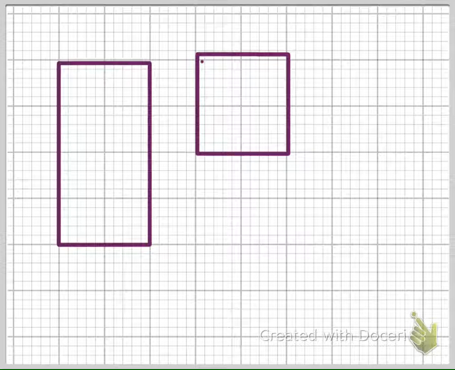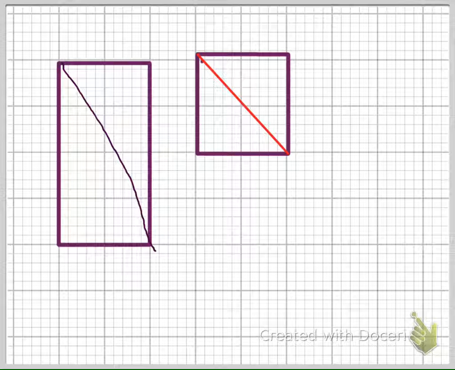And since it's half of a rectangle or half of a square, you can cut it right in half.